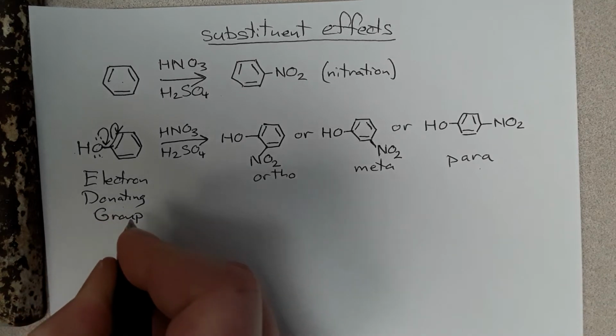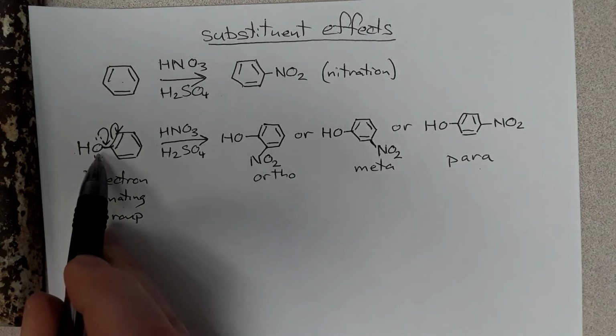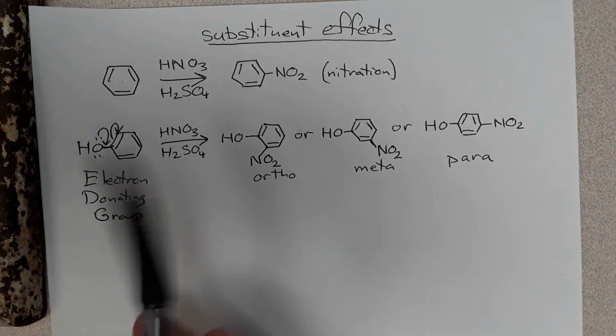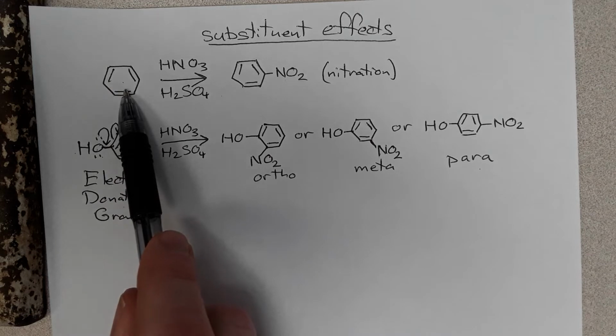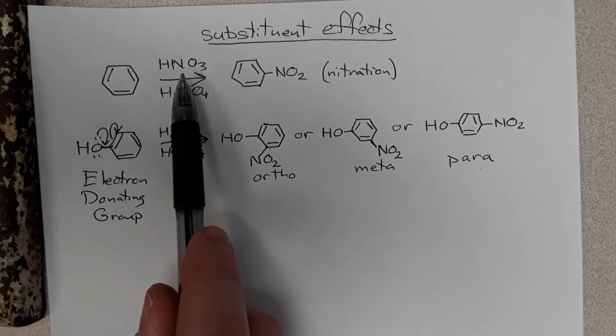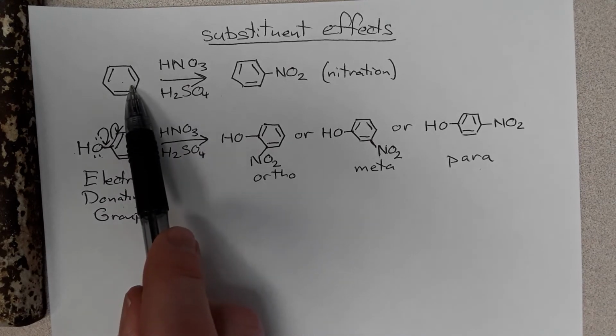and that lone pair, one of these lone pairs that is on the oxygen here, will be delocalized over the ring. And remember, the ring in this reaction is acting as what? It's acting as a nucleophile, right? We're always adding electrophiles, so it's acting as a nucleophile.